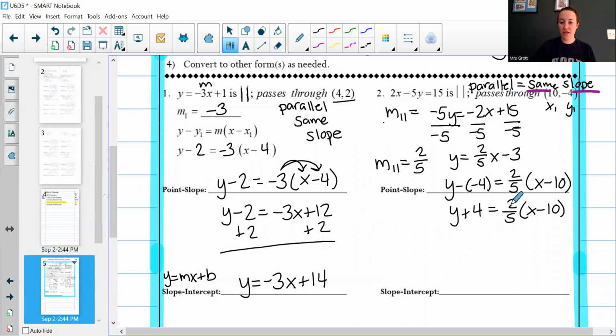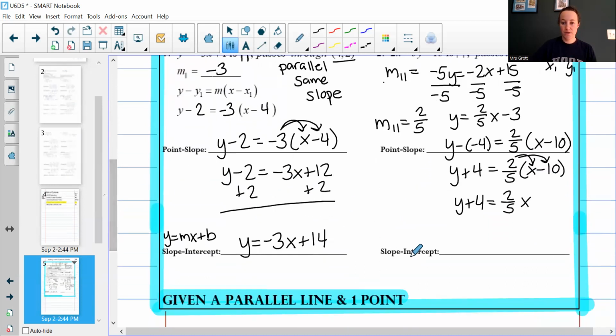We want to change that into slope intercept form, do our distributive property. Let's see here. 2 over 5 times 10 over 1, negative 10 becomes negative 20 over 5, which equals -4.